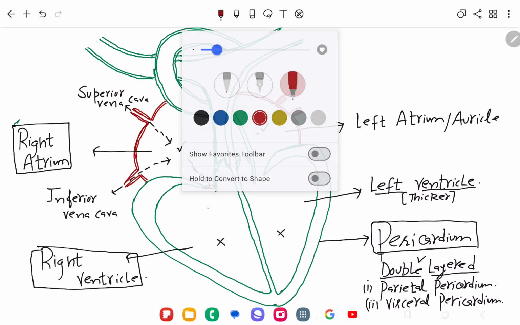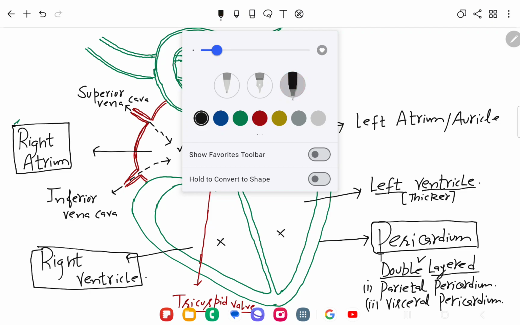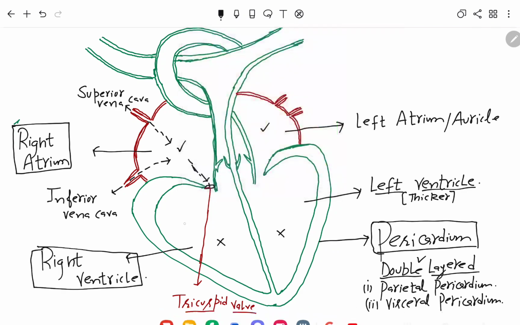This valve over here is known as tricuspid valve. Please remember, the valve is that opening which allows only one directional movement. So the blood will start flowing from the right atrium and it will enter into this right ventricle. This blood is the deoxygenated blood.